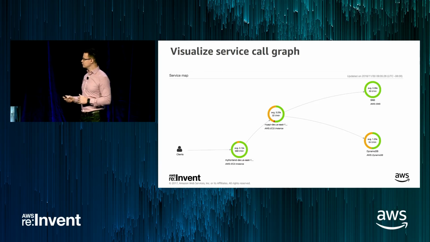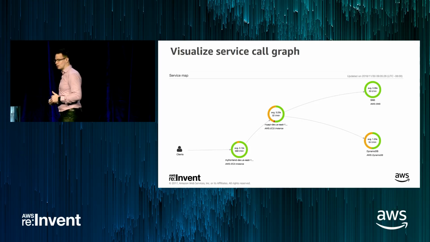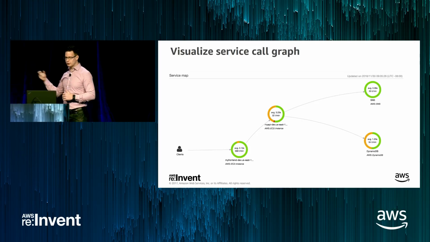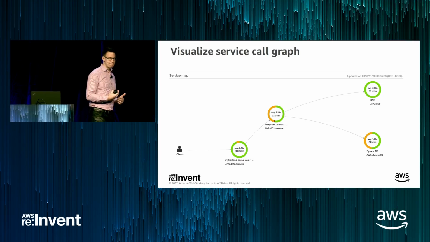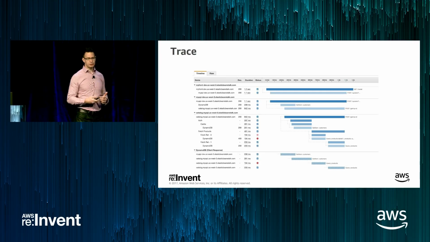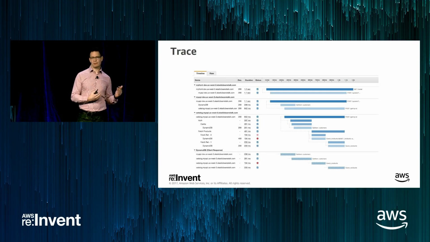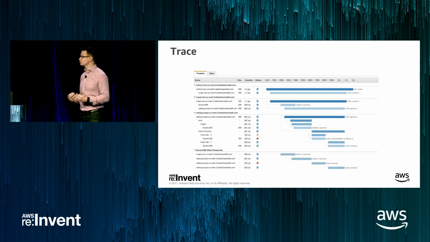It's coming through an EC2 instance, doing some work, going to another EC2 instance, going back to DynamoDB, and a simple notification service. And we can see the time it's taking at each step. And we can dive deeper into each one of those and do a trace of our application and find out what's happening in the call stack. We can find out which part of our application is taking longer to do what.